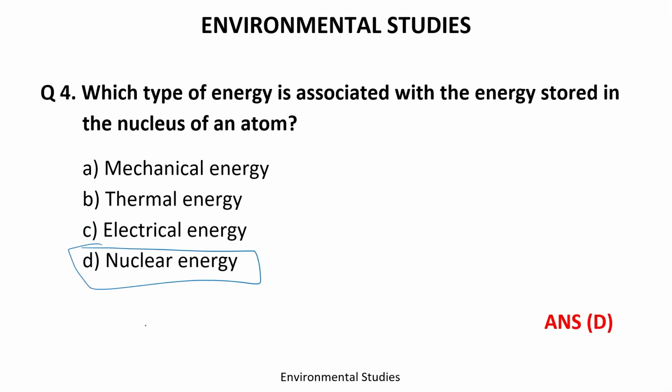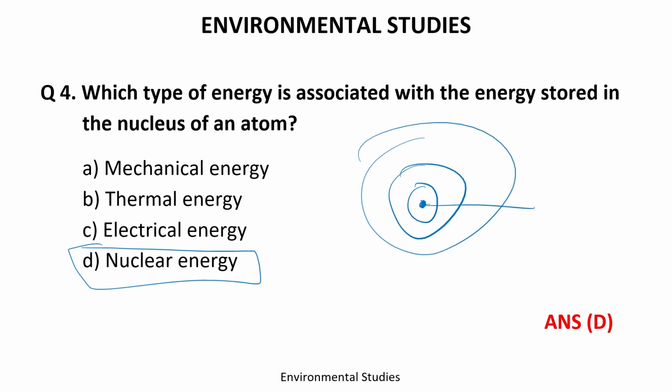Nuclear energy. So basically if we talk about this concept, then this is the structure of an atom. At center, it has the nucleus, which contains two things, protons and neutrons. Proton is the positive charge.